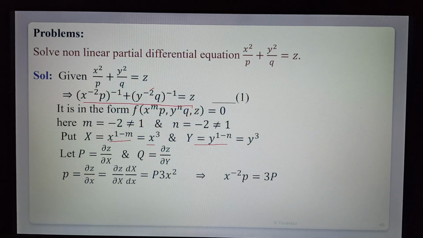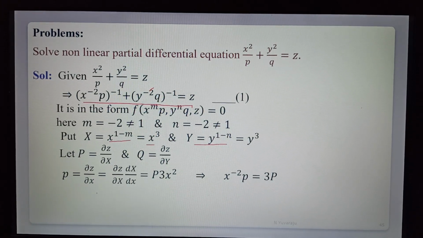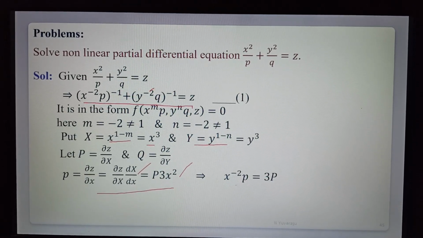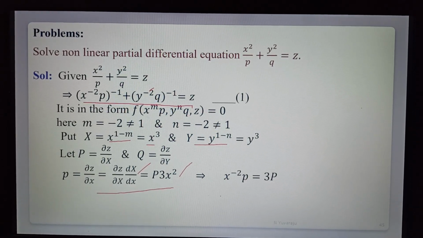Small p is equal to dou z by dou x, which is equal to dou z by dou capital X into d capital X by dx, that is P into dX by dx. The differentiation of x cube is 3x square, you know. So x square right outside, x power minus 2 into small p is equal to 3P.